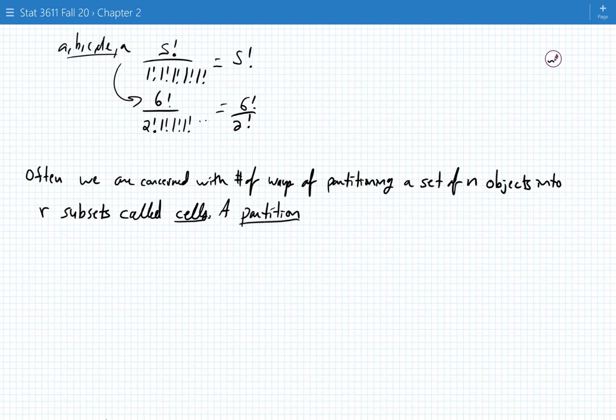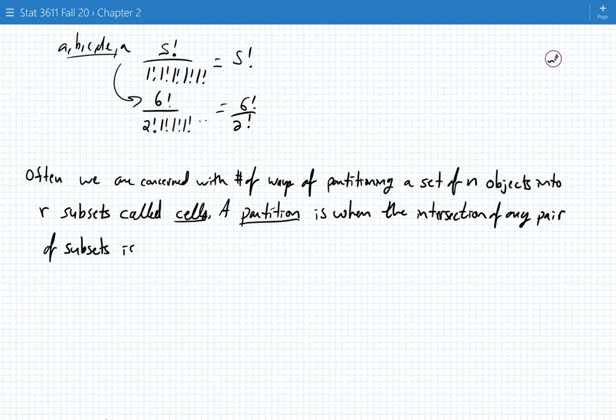A partition is when the intersection of any pair of subsets is empty, the empty set, there's no intersection.